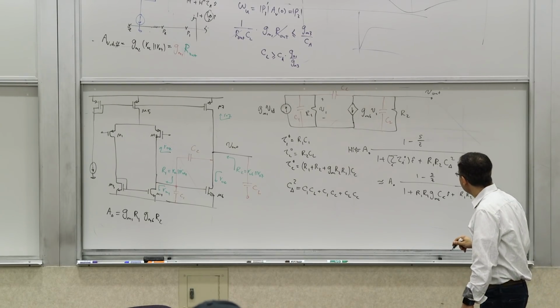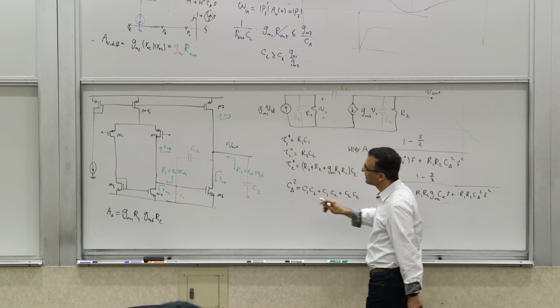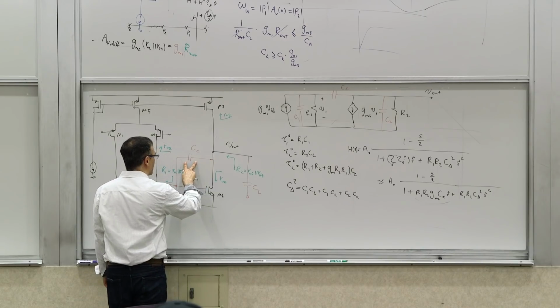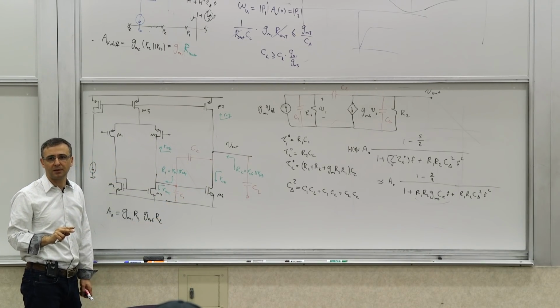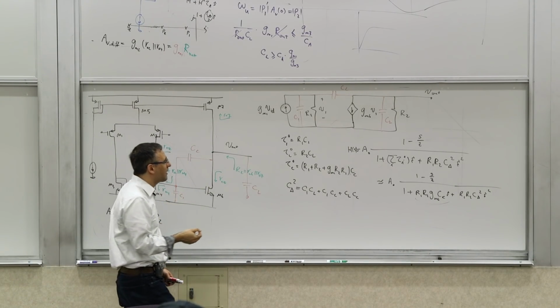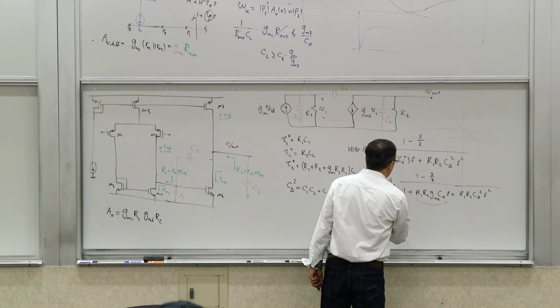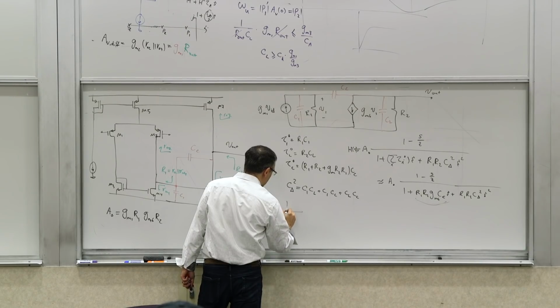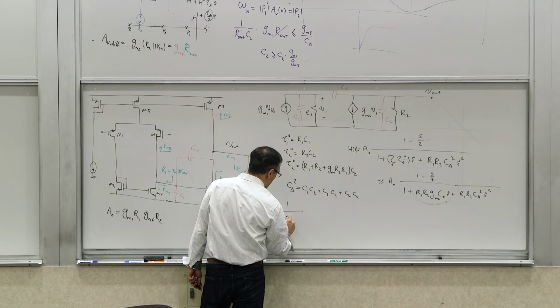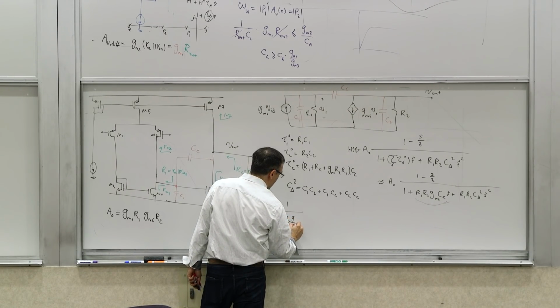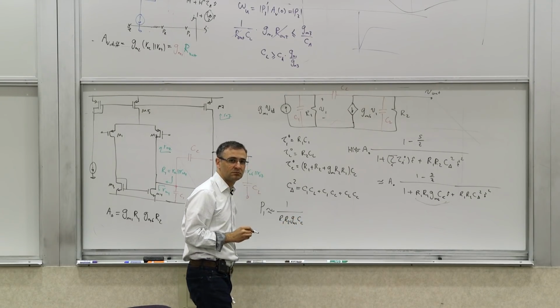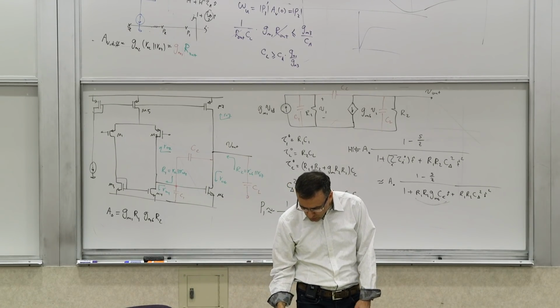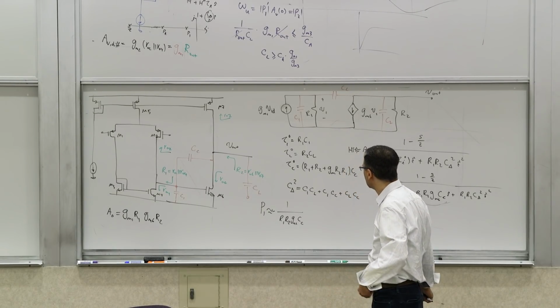So you can see that in case you have a large amount of gain here, this is really dominated by the Miller multiplied capacitor. So P1 is roughly determined by this. P1 is approximately negative 1 over R1, R2, GM6 CC, right? And you can use it to push down the pole where you want it.